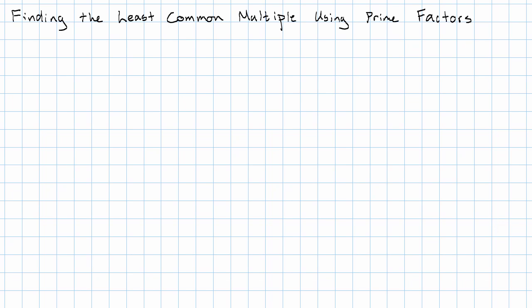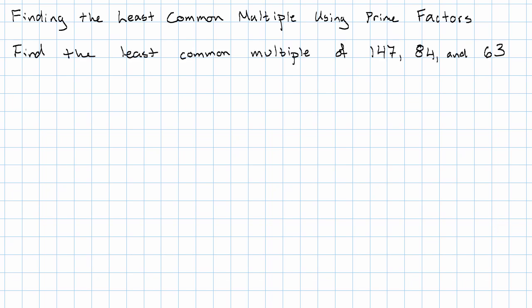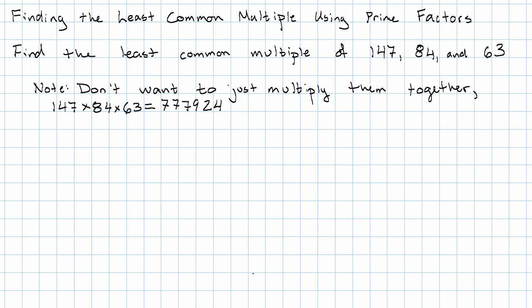Suppose, for example, we wanted to find the least common multiple of the numbers 147, 84, and 63. I think you'll agree that with these numbers, we don't want to just multiply them together, since the resulting product, 777,924, is inconveniently large.